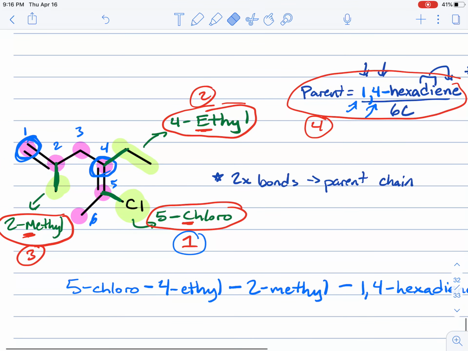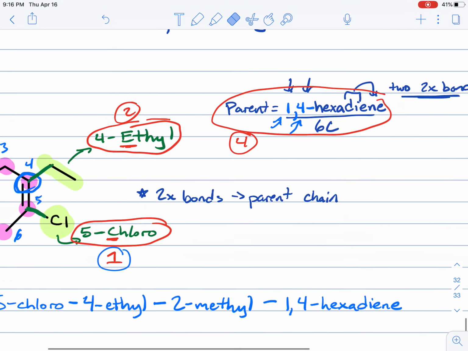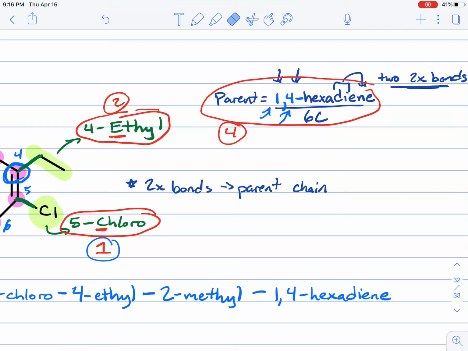And so whenever you guys are working with an organic compound that has 2 double bonds, you have to use the prefix di, tri, tetra, etc. And then you guys have to describe where each of those double bonds are located on the parent chain. So you have to give the same number of locants as there is in the prefix, like di, tri.